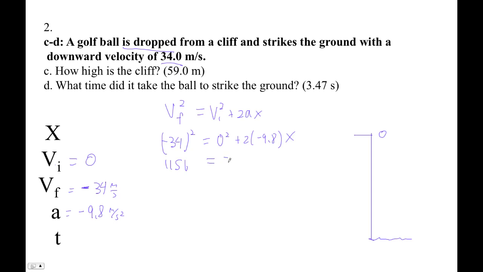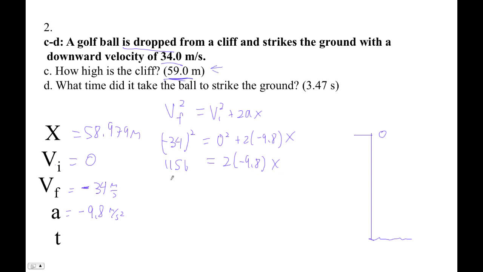So I'm going to divide that by 2, divide that by 9.8, and you get 58.979 meters, which you'd round to 59.